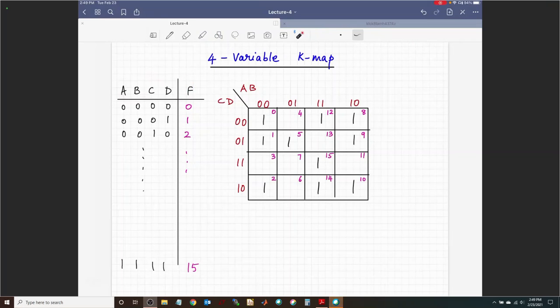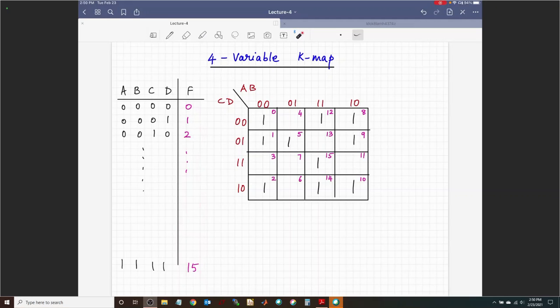So I've listed simply all the possibilities of A, B, C, and D. They would range from all 4 zeros all the way down to all 4 ones. And if I were to write the row numbers for F, I would start with 0, 1, 2, and so on up to 15. And at each of these locations, I may have a 0, I may have a 1, or I may have a don't care.